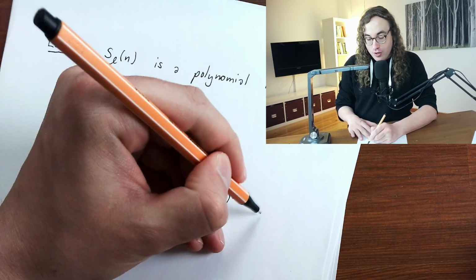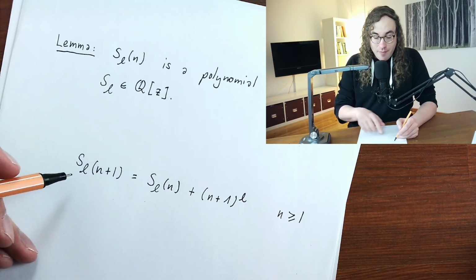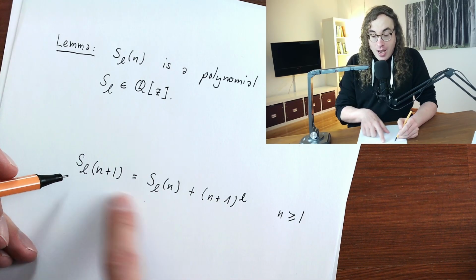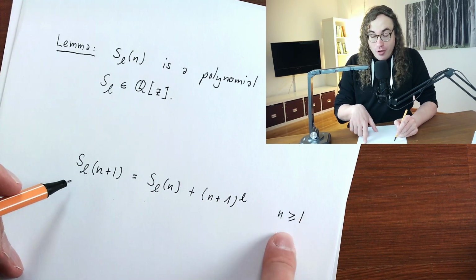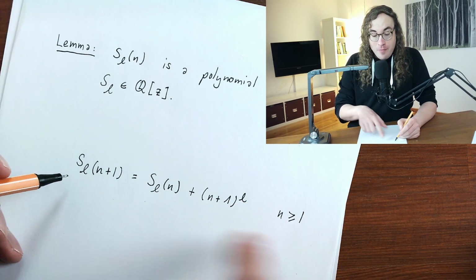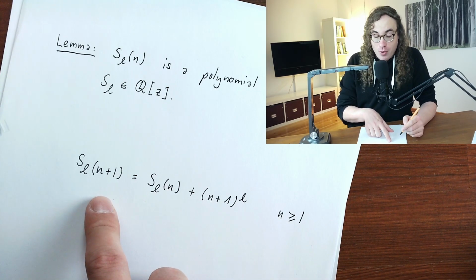Good. And this holds for all n at least 1. But the fun thing is, now that I know that S_L is a polynomial in n, and I have an identity which holds for infinitely many values, namely all positive integers, I know that this identity must actually hold for all values of n, even negative ones.